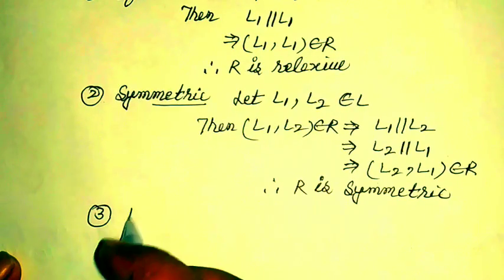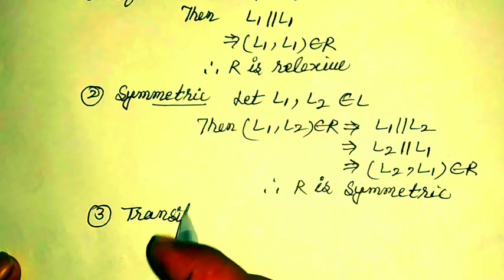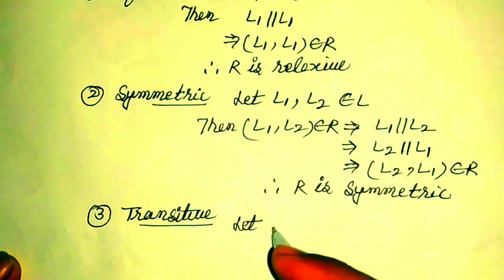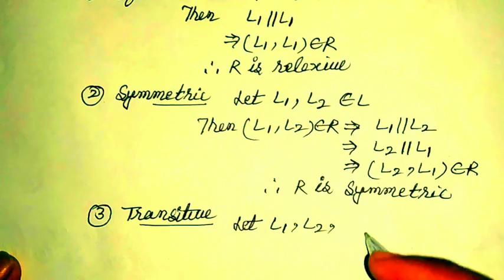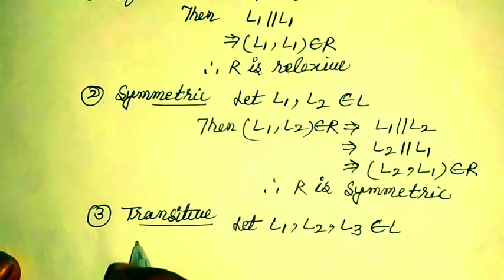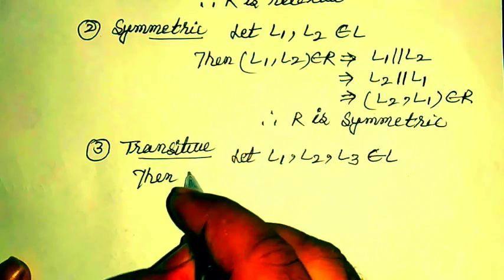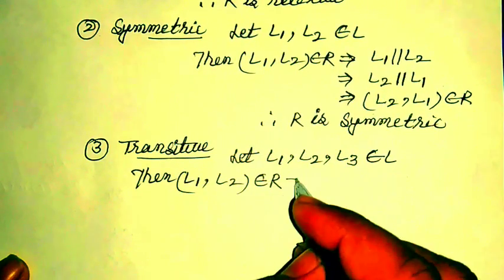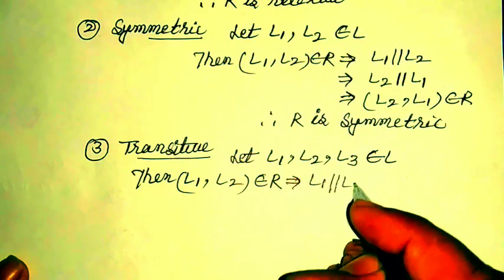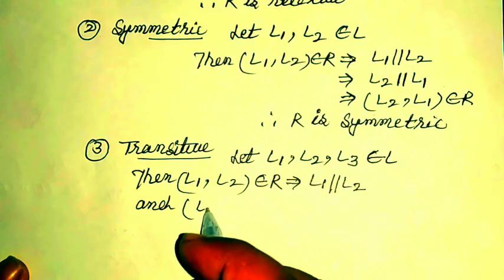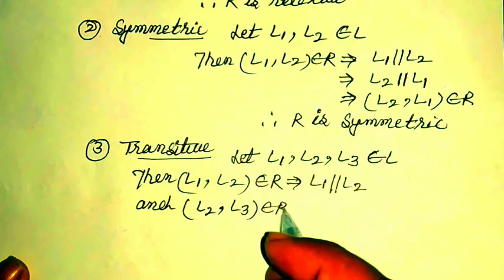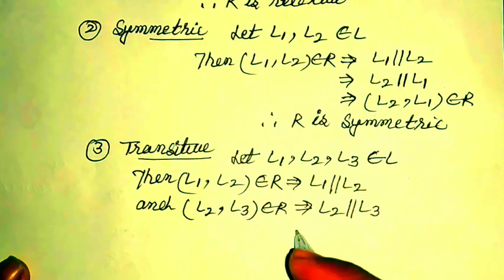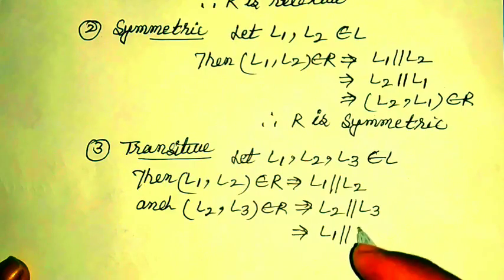Now the third one is transitive. For transitive, we need to take three lines, not elements, in set L. Then if L1, L2 belongs to R, that is, L1 is parallel to L2, and L2, L3 belongs to the relation, that is, L2 is parallel to L3, then from these two conditions L1 must be parallel to L3.